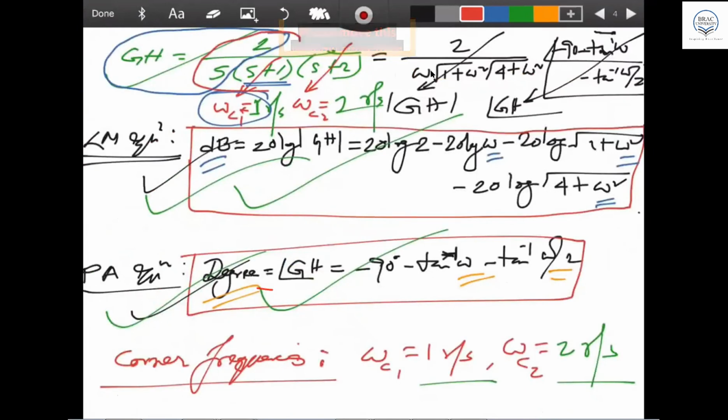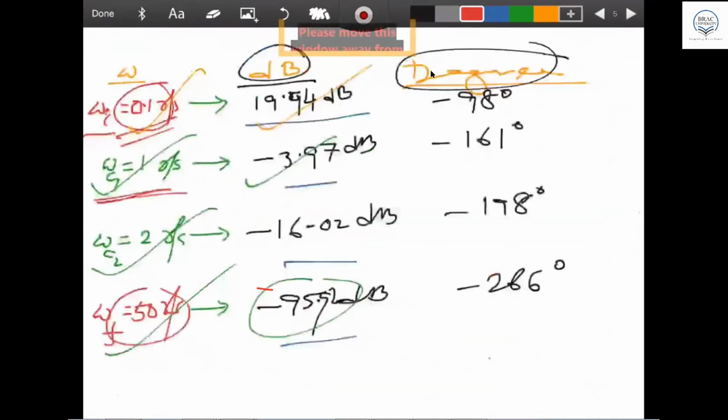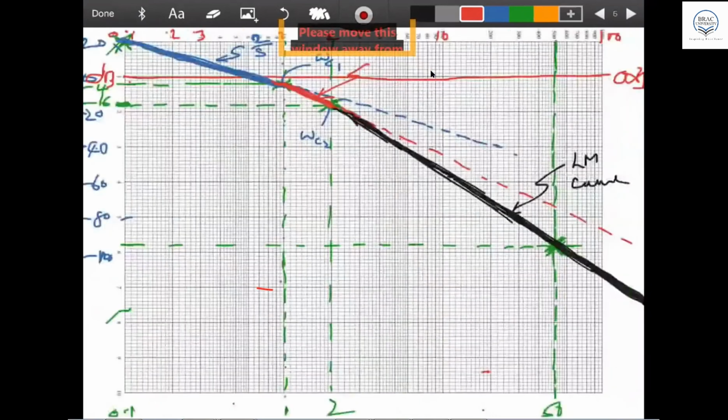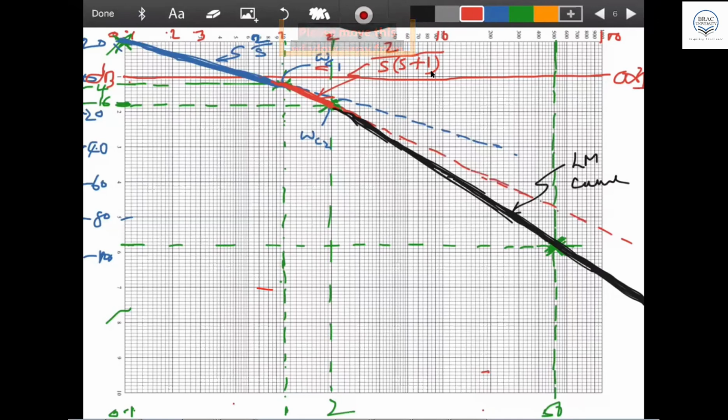So these 3, 2 by s and s plus 1, are contributing this red curve, which is 2 by s into s plus 1. S plus 1 is coming from the first corner frequency, remember, and that's why the red line has s plus 1 with it on top of 2 by s. The red curve means this up to the dotted line. The equation for the whole dotted red curve is 2 by s into s plus 1.